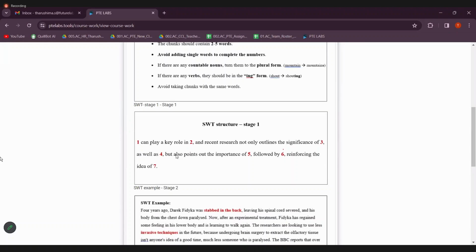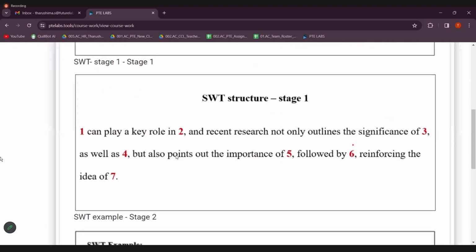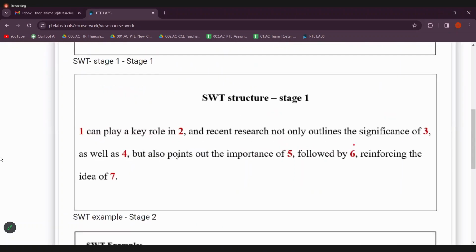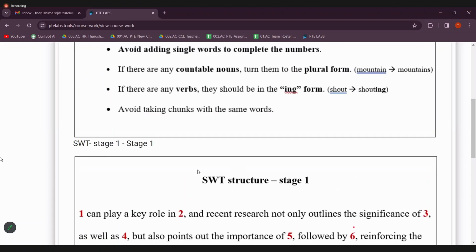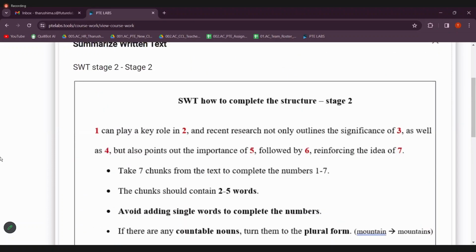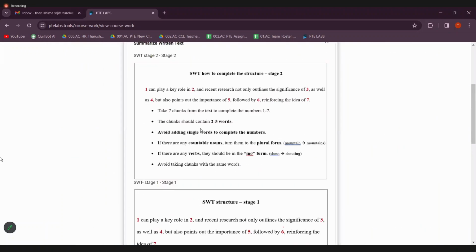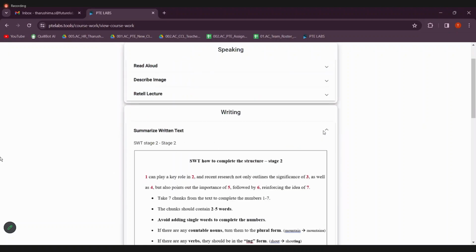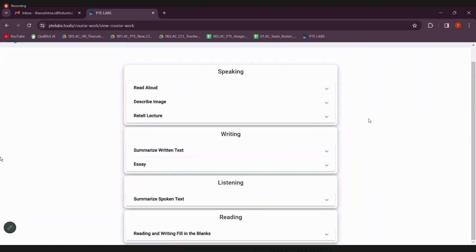You have to memorize this and type this within 3 minutes in a notepad. You have to practice this, and then again the writing structure, essay structure, you have to type it within 8 minutes in a notepad.